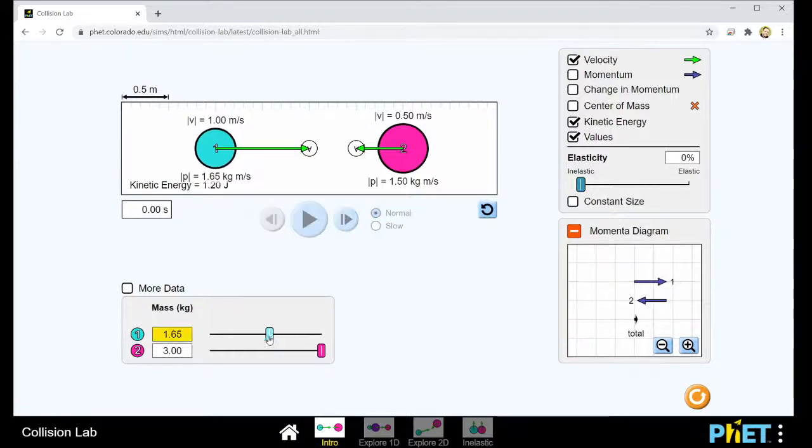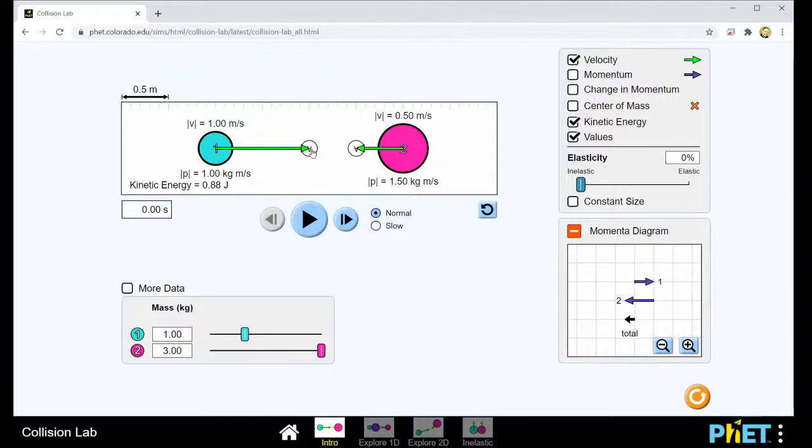How did I have it? Hard to get it right at 1. Oh my gosh, there we go.